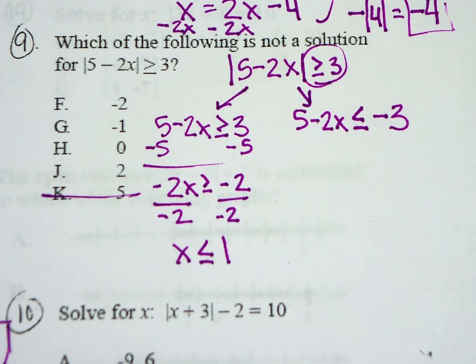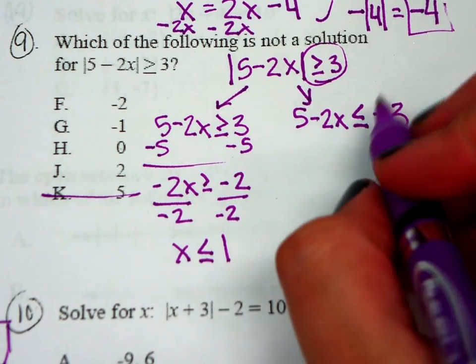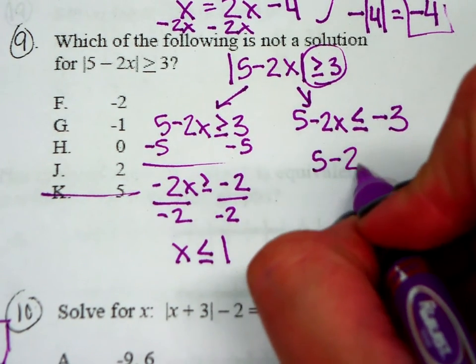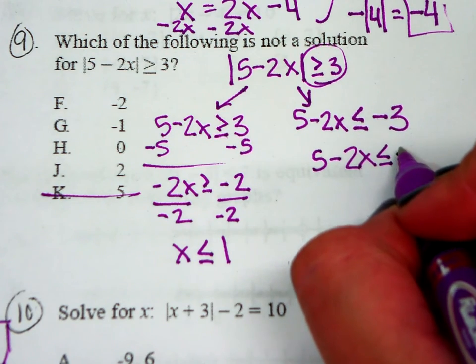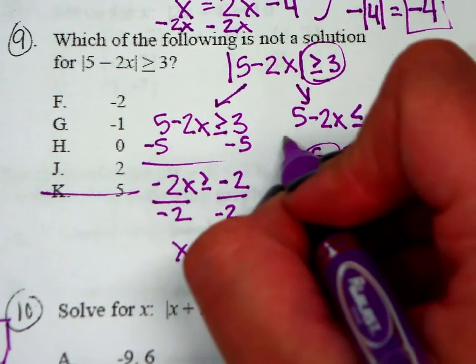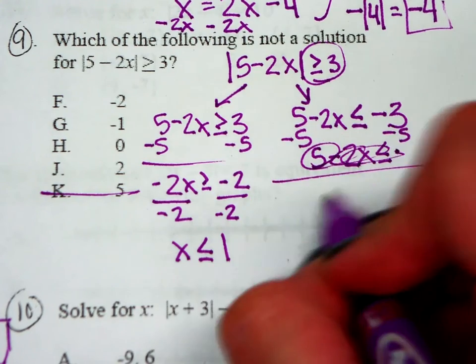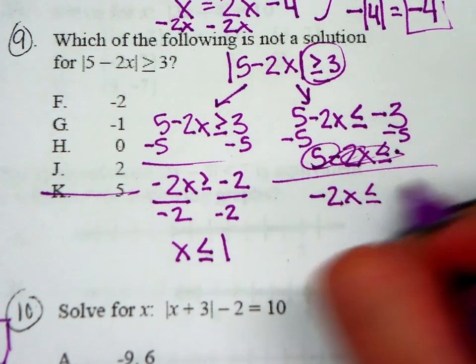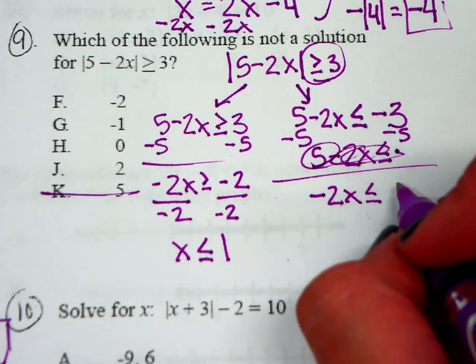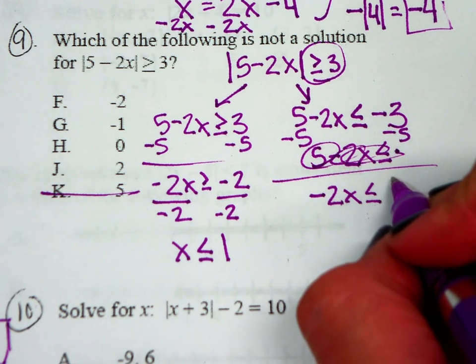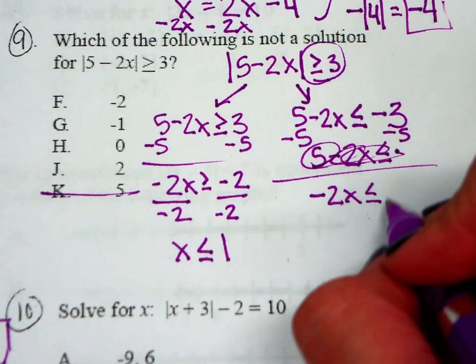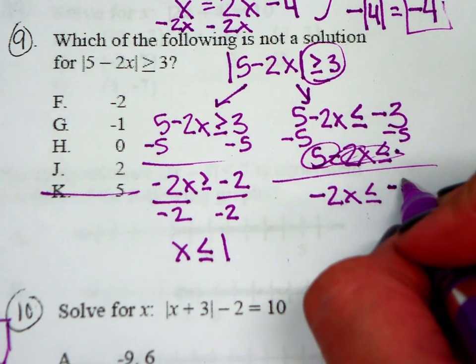Okay, so next I'm going to go ahead and keep going. So I get 5 minus 2x is less than or equal to, what am I doing? I have to subtract 5 here. I'm going to get negative 2x is less than or equal to, sorry, I'm losing my train of thought.